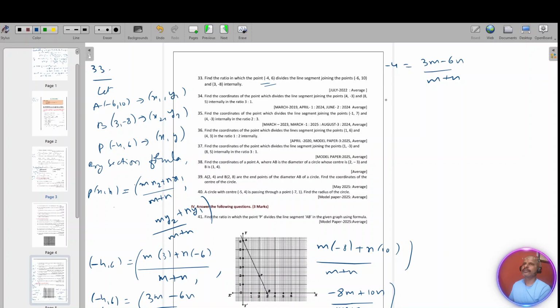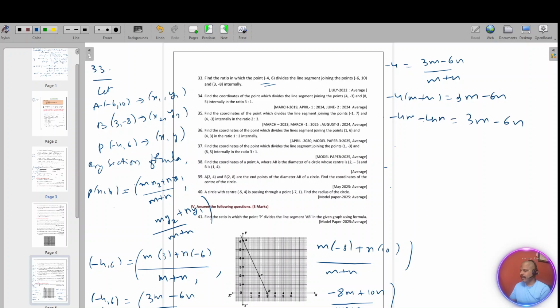Minus 4 of m plus n is equal to 3m minus 6n. The second, the y coordinate, we will solve later. So minus 4 of m plus n, you open the bracket. Minus 4m minus 4n equal to 3m minus 6n.